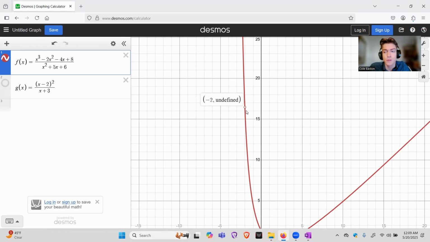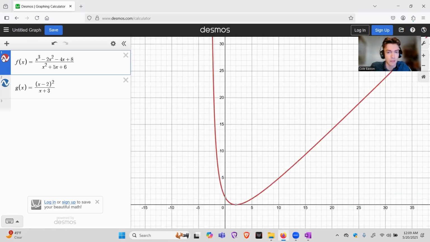So we have this open circle and it says -2, comma, undefined, right? That means that essentially -2 is not even in the domain of our function f. Our function is not defined on -2. We just removed that from the domain. But then let's look at g of x and let's see what this looks like.